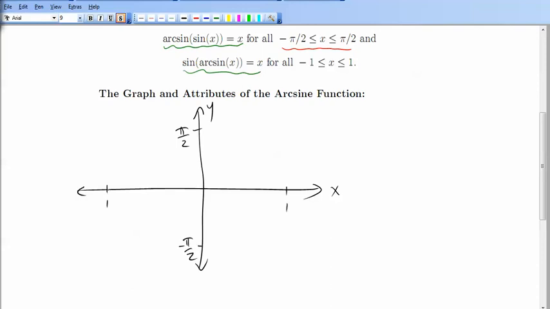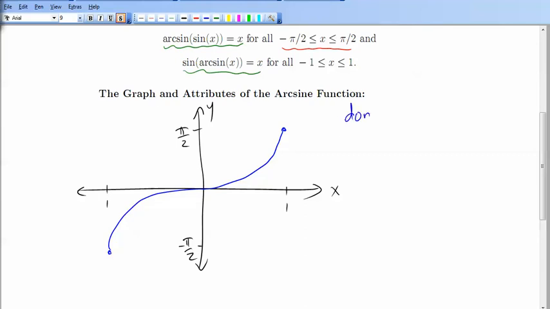If we think about a sine function, what does it do? Well, it takes an angle and it gives you a ratio, and that ratio is going to be between negative 1 and 1. So what does the arcsine function have to do? The opposite of that. It's going to take a ratio between negative 1 and 1 and give you back an angle, although it'll be restricted. That angle will only be between negative pi by 2 and positive pi by 2.